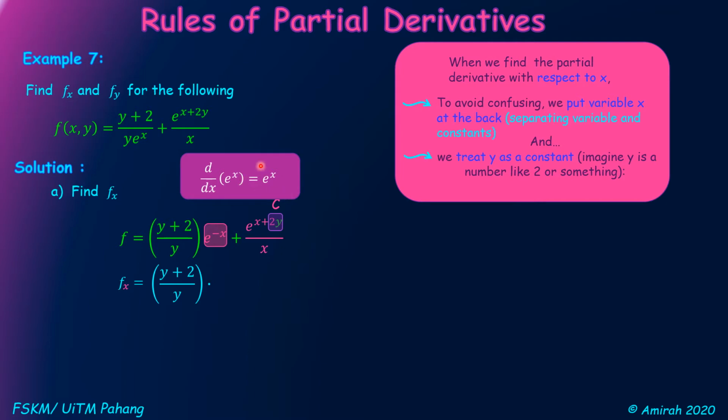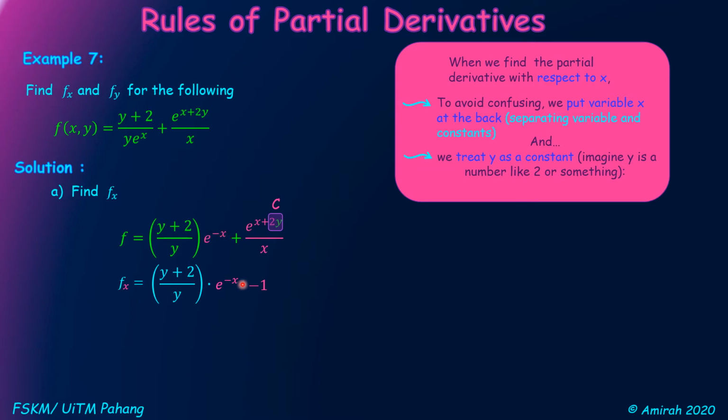We get back e to the power of x after we differentiate. So when we differentiate e to the power of negative x, we get back e to the power of negative x. But after that, we need to differentiate the exponent. When we differentiate negative x, it becomes negative 1, and in between there must be a multiplication operation.